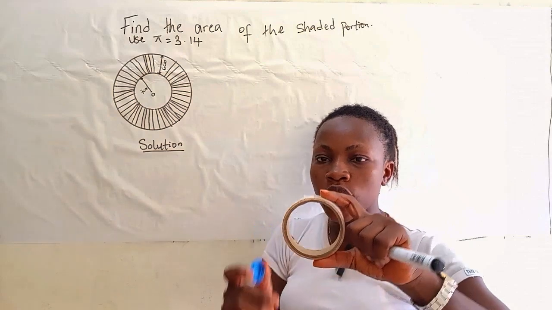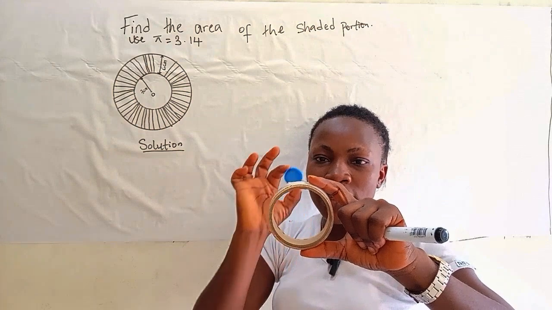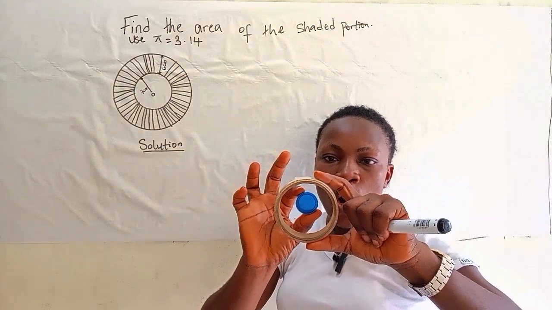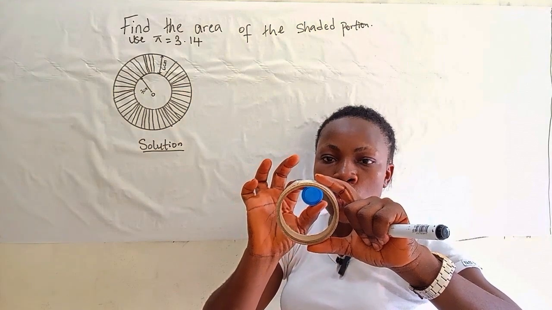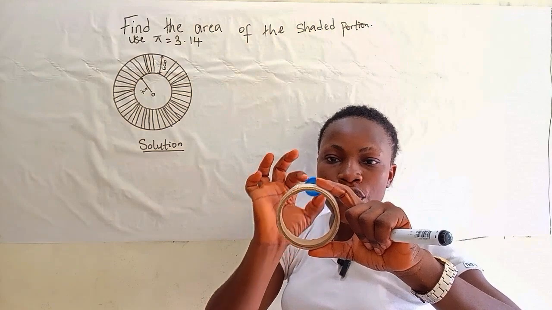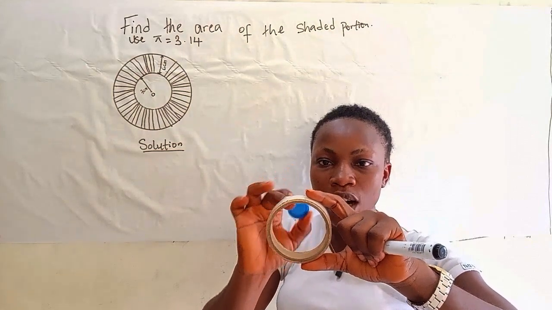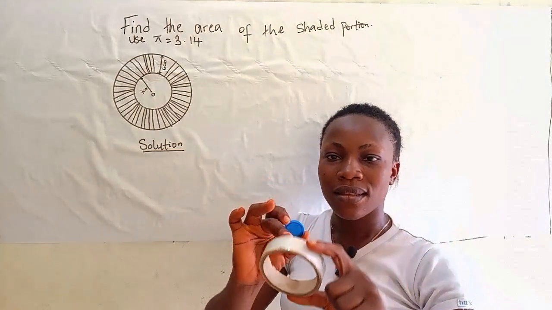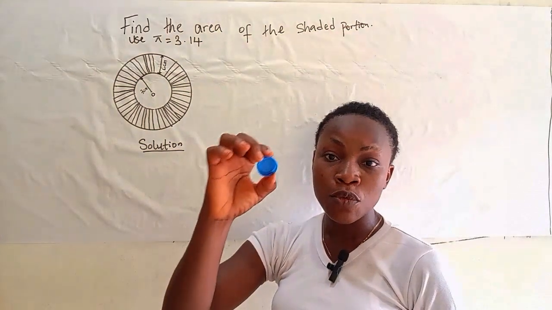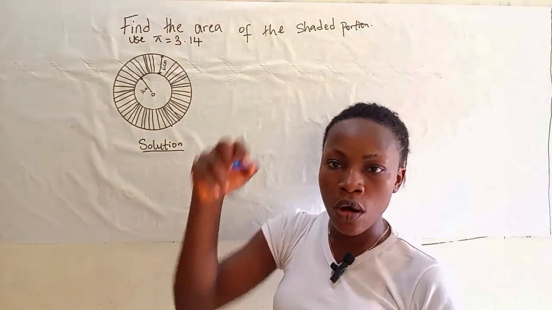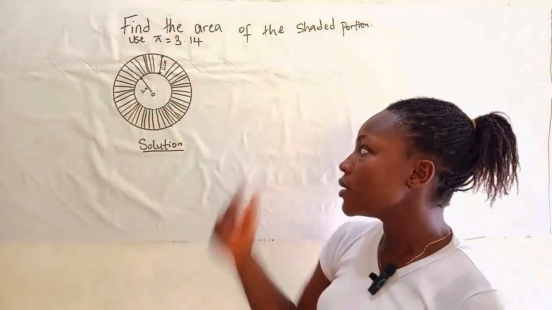Once we subtract it, we will know the area of the remaining portion that this smaller circle could not cover. That is what we are asked to find here.